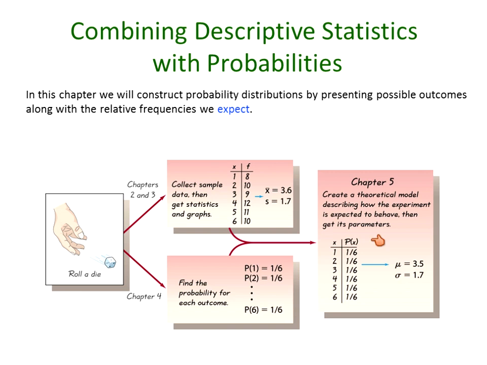What we're doing now is we're organizing that in chapter 5, and we're creating a theoretical model. And this describes how the experiment is expected to behave. So one of the columns, the X, that's our random variable. And it's a discrete random variable. And remember, that's from chapter 1, discrete.